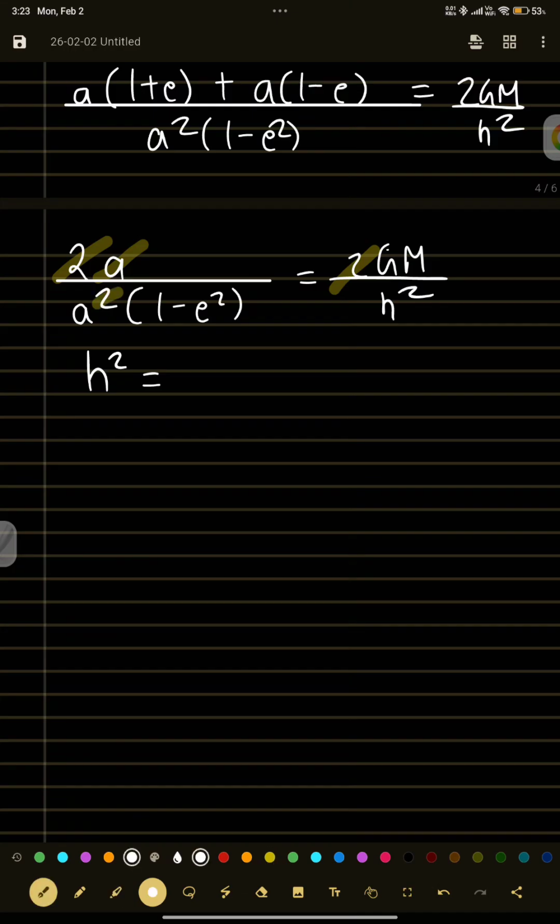Sometimes you can also write this as r naught. Why r naught? Because a(1 minus e) is the r minimum.